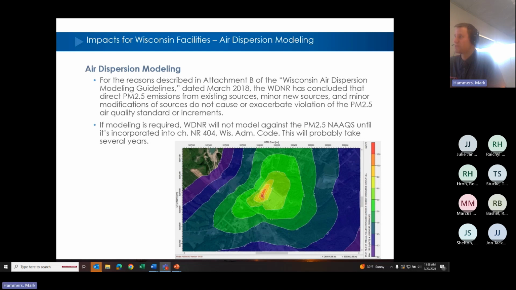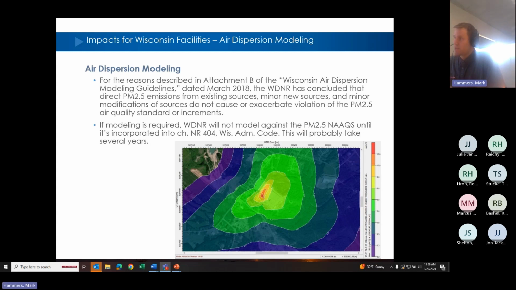So if you are an existing source, a minor source, or a minor modification, you do not have to model against PM2.5. And last I spoke with the DNR, they will continue to use that assumption going forward.